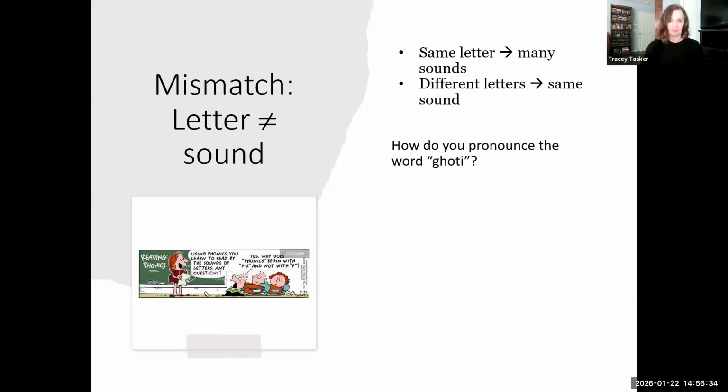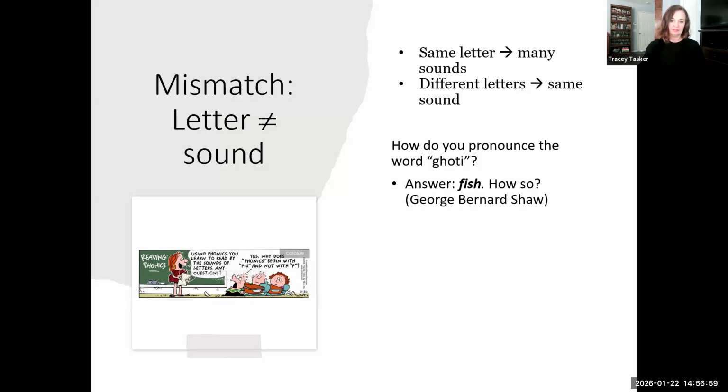So in this example, you're asked, how would you pronounce this word based on how it's spelled? I'm going to give you just a few seconds to take a look at it and see what you think. Most of us would look at it and probably want to pronounce it as goatee.